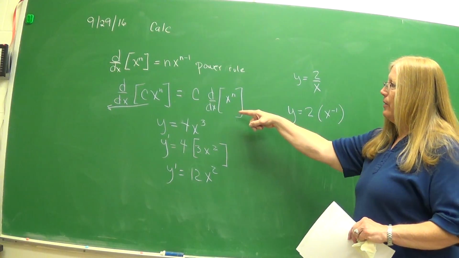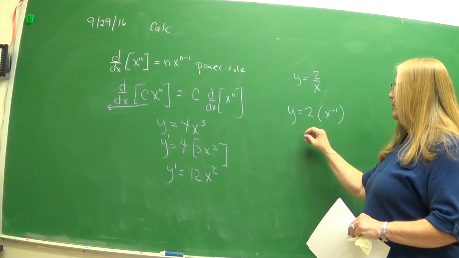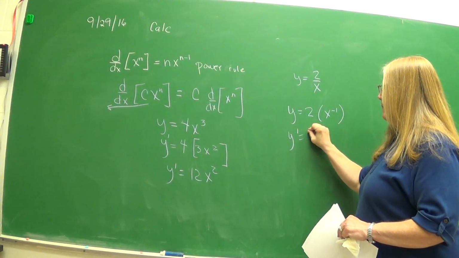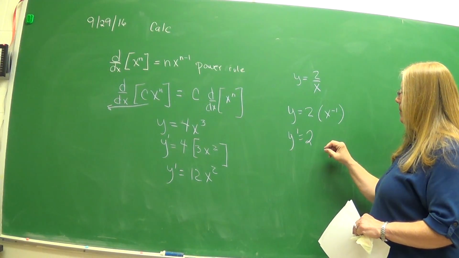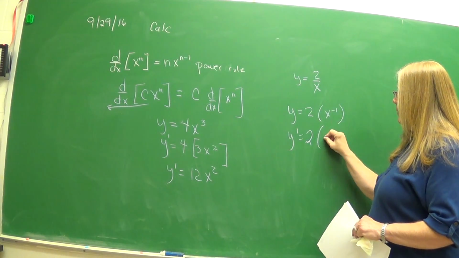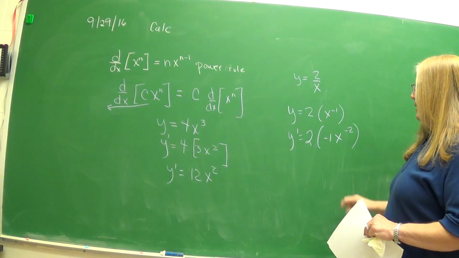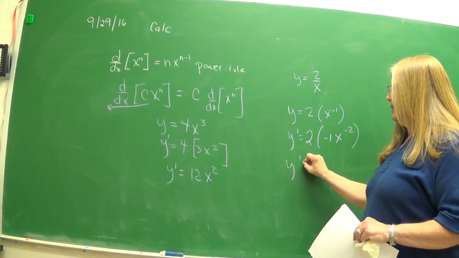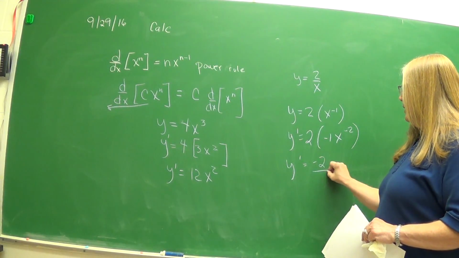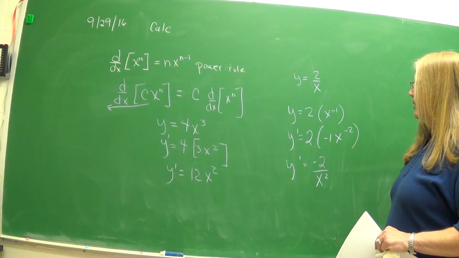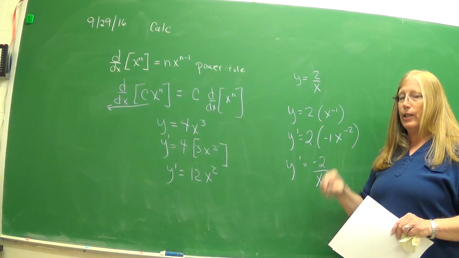Now I can use this new expression. The 2 will not be affecting the derivative, so I'm going to use the derivative. The negative 1 runs down in front and decreases by 1. Cleaning that up a bit, I'll call that negative 2 over x squared. And that's the derivative of this function.